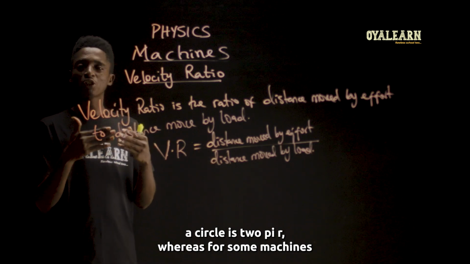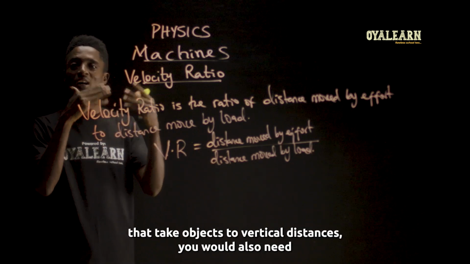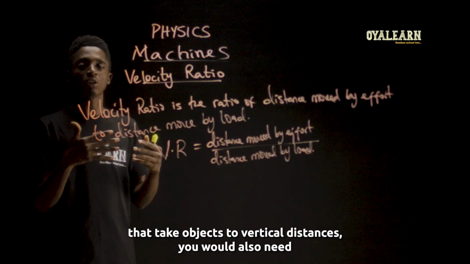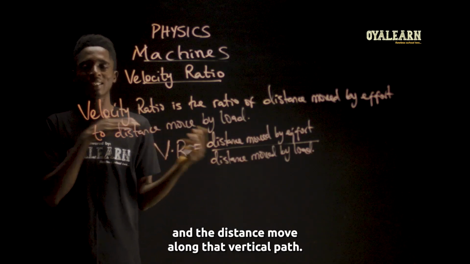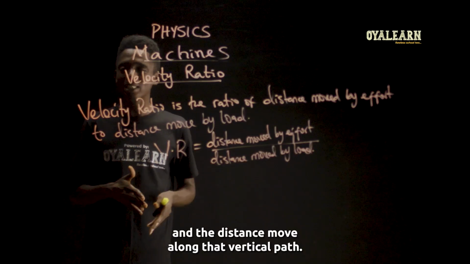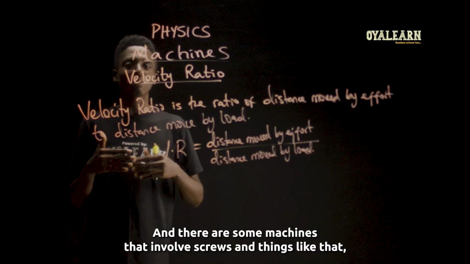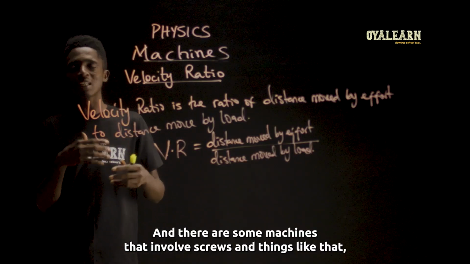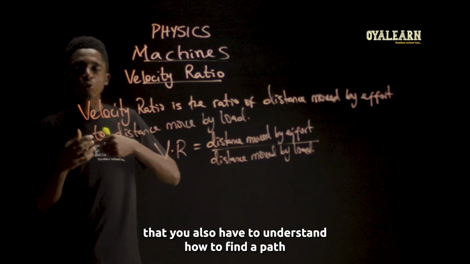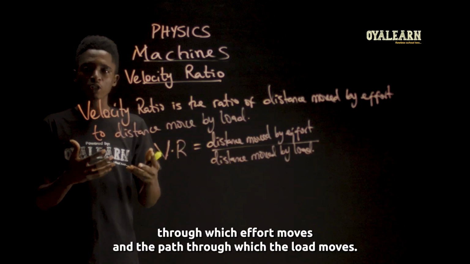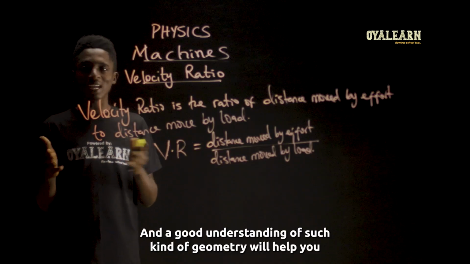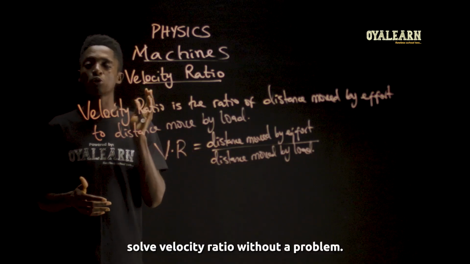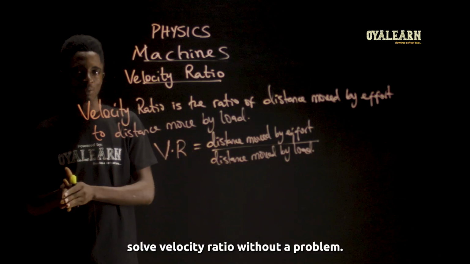Whereas for some machines that take objects through vertical distances, you would need to understand how to get the distance moved by the effort and the distance moved by the load along that vertical path. And there are some machines that involve screws, where you also have to understand how to find the path through which effort moves and the path through which the load moves. A good understanding of such geometry will help you solve velocity ratio problems without difficulty.